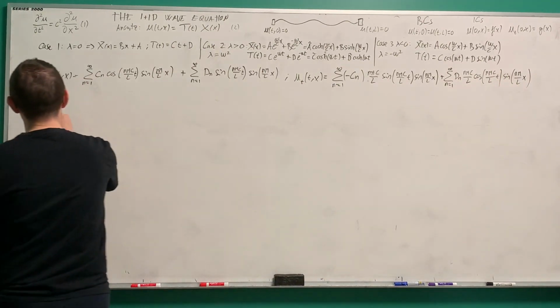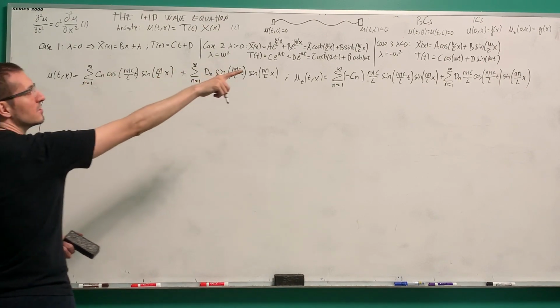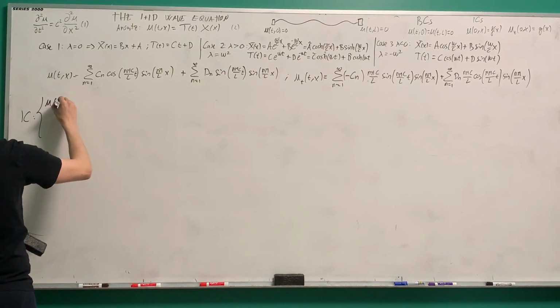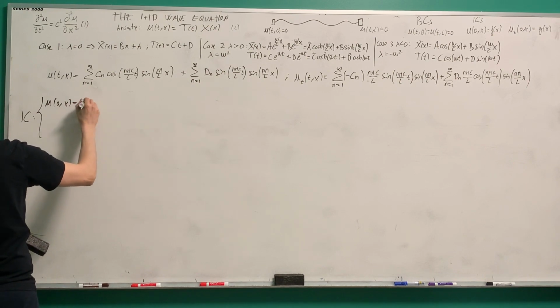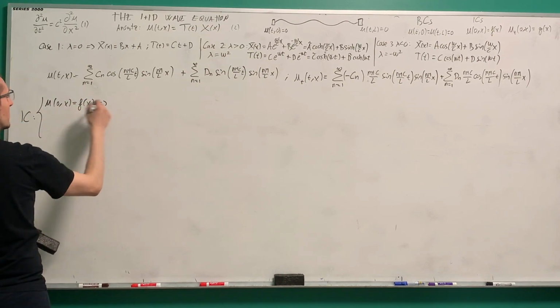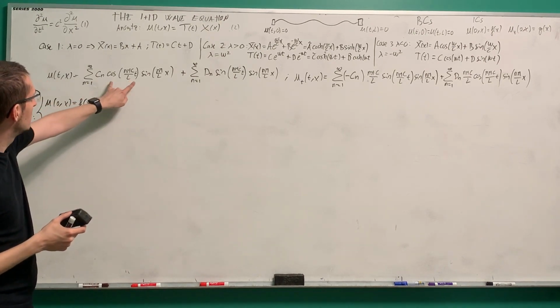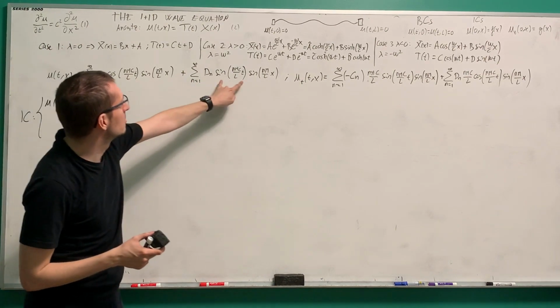Let's impose the initial conditions. And what do the initial conditions tell us? The first initial condition is u(0,x) equals f(x). What does that mean? Well, let's substitute u(0,x) from here. We see that when t is 0, the cosine becomes a 1, and the sine becomes a 0.